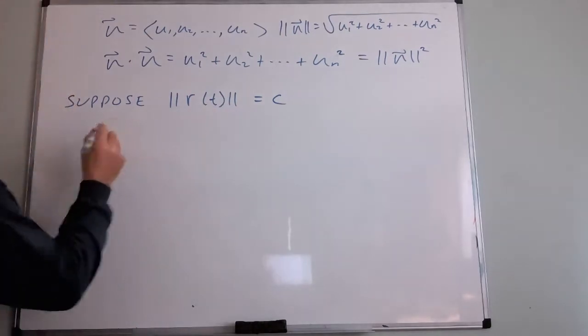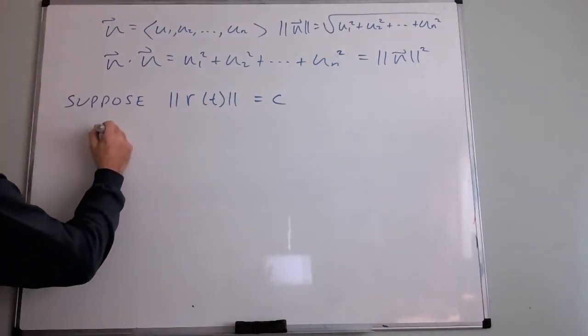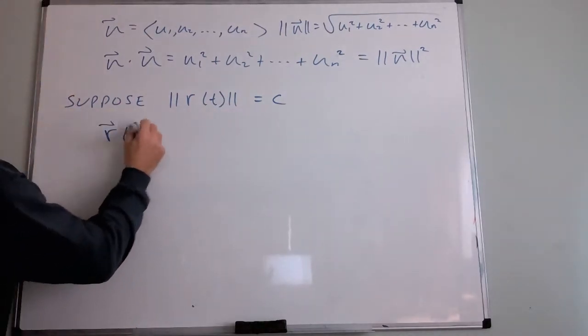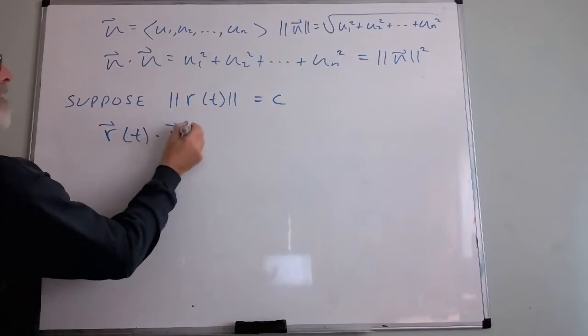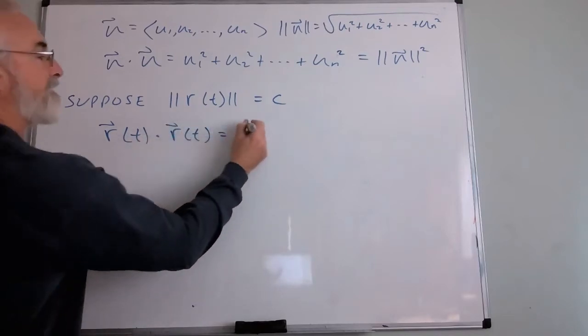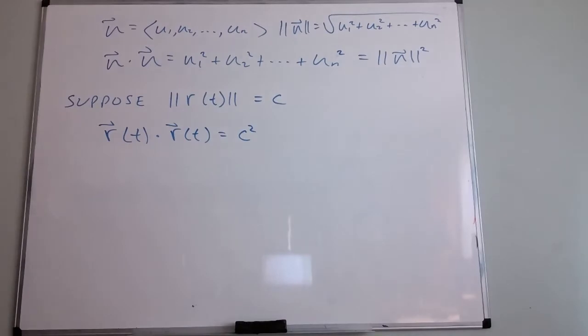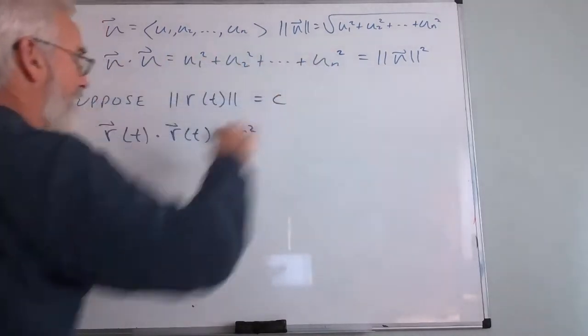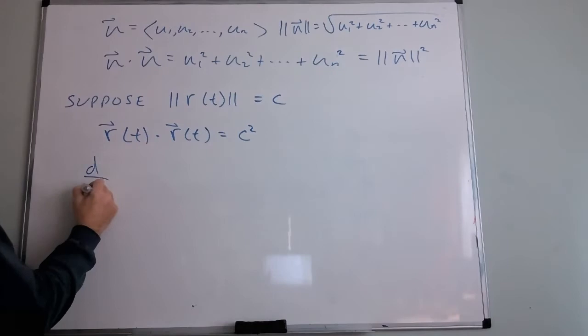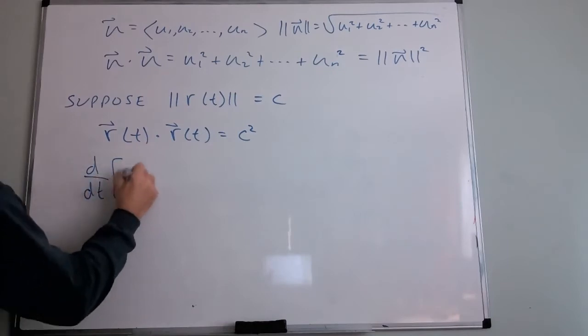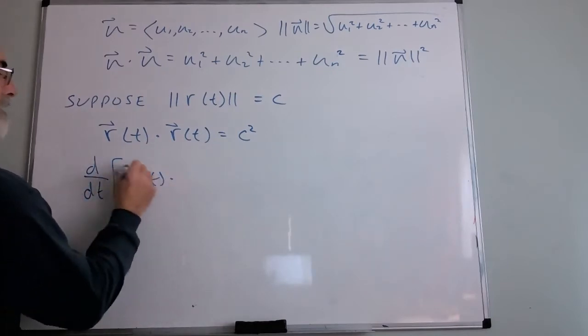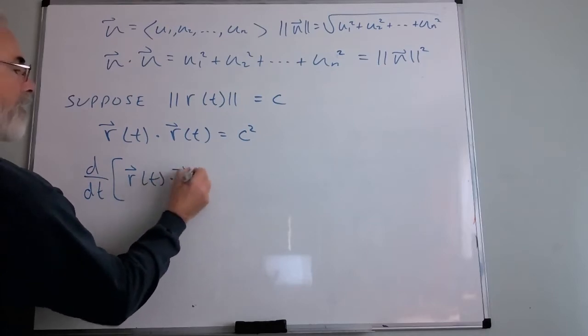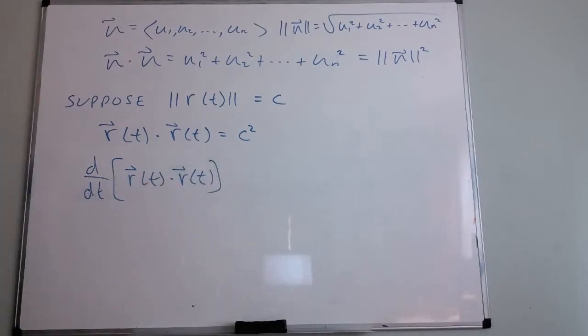This is true. Now let's start off with what is r(t) dotted with r(t)? Well, I know that's c squared. Okay, that comes from right there. Then what is the derivative of r(t) dotted with r(t)? Well, we just established the product rule a moment ago.